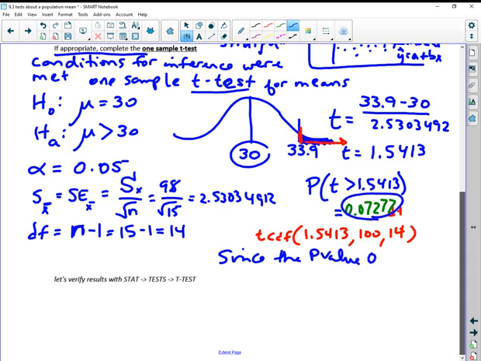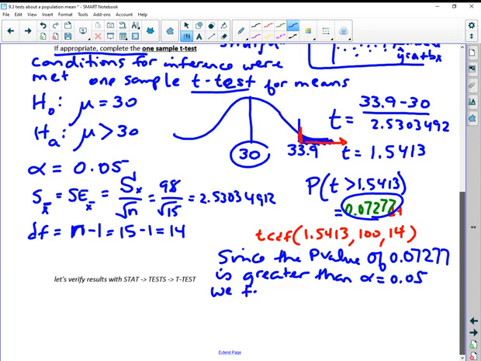Since the p-value of 0.07277 is, let's see, is it less than, greater than? It is greater than alpha equal 0.05.